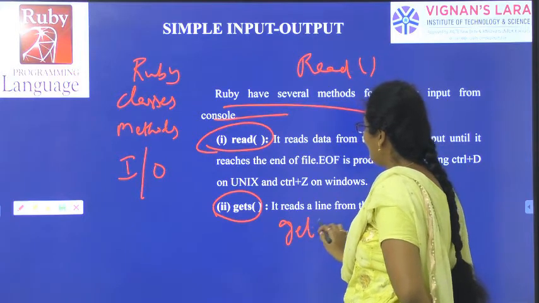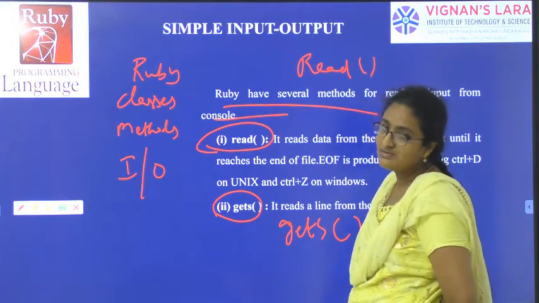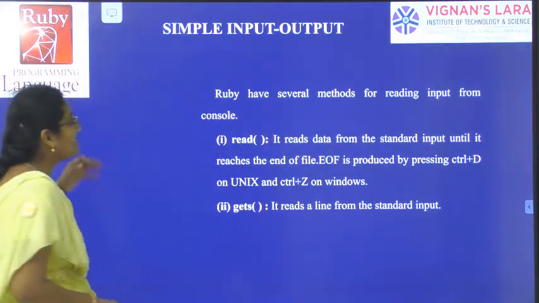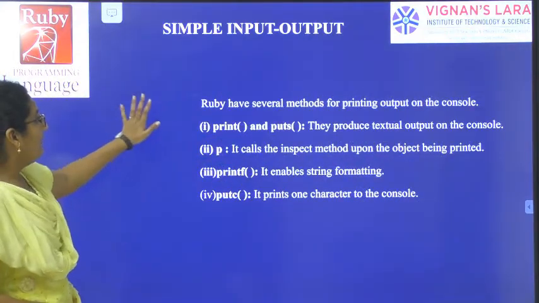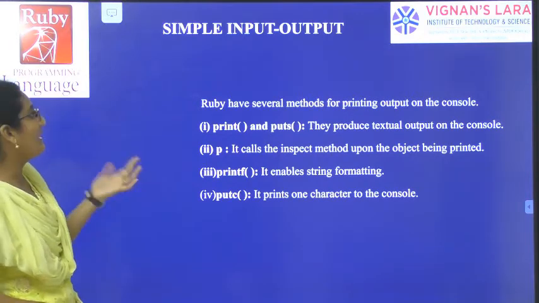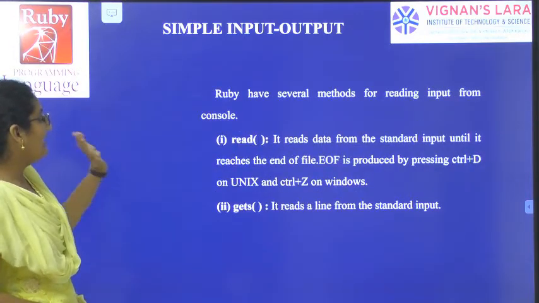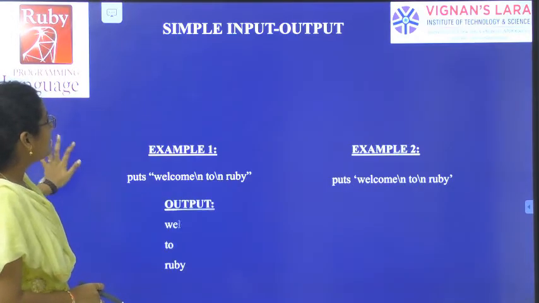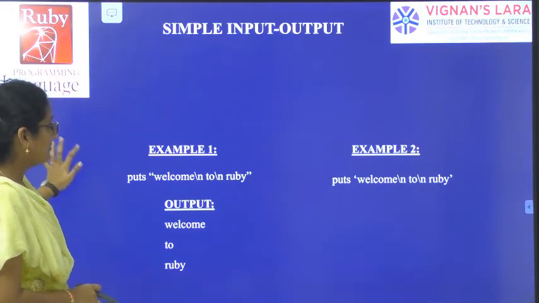The second method is gets. The gets method is also used to take input. So these are the different methods we have. Print, printf, puts are methods for output. Read, gets are the methods for input. So let us see the example.